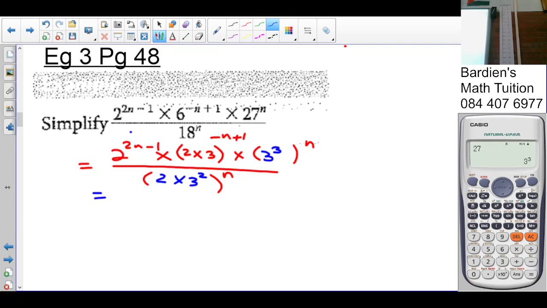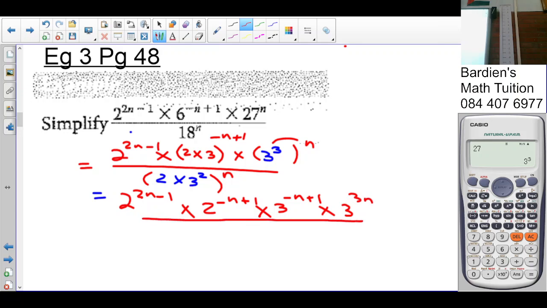So we get 2 to the 2n minus 1 times 2 to the negative n plus 1 times 3 to the negative n plus 1 times 3 to the exponent 3n over 2 to the n times 3 to the 2n. You all understand? Any confusion?